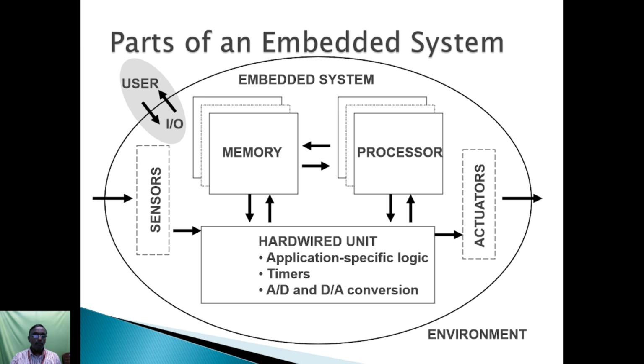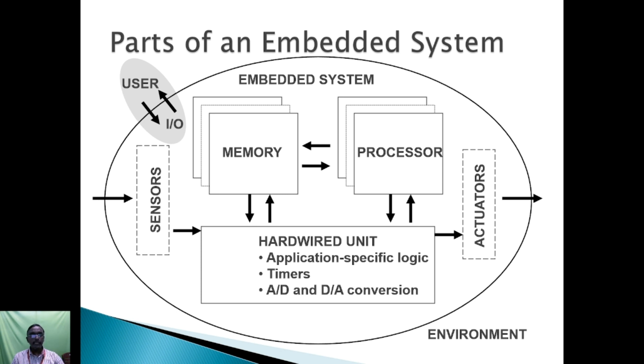These are the hardware used. Next is memory and processor. When the memory and processor are attached, it is called the microcontroller. So the microcontroller acts as an embedded system.